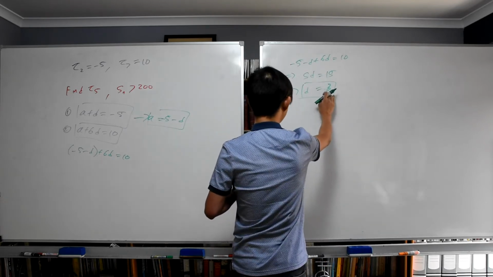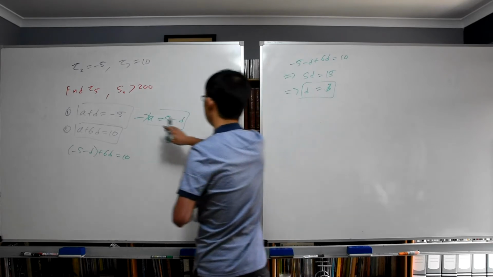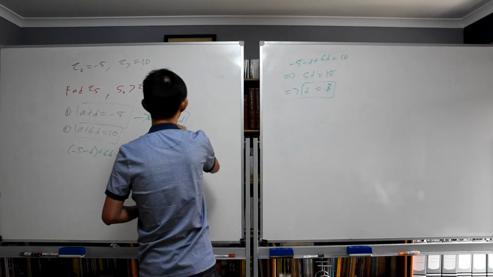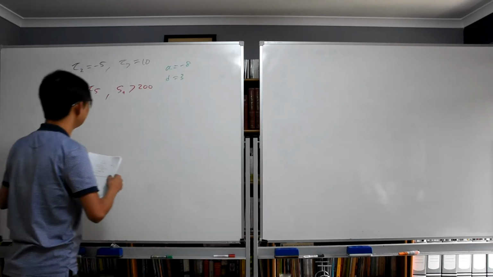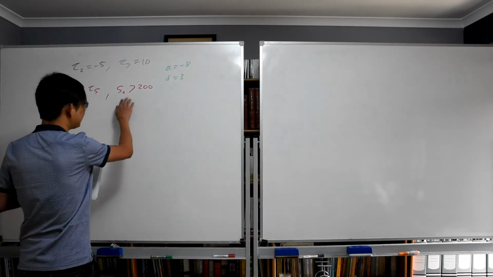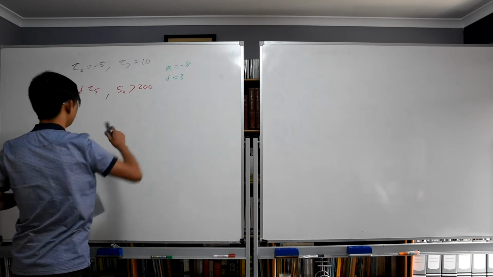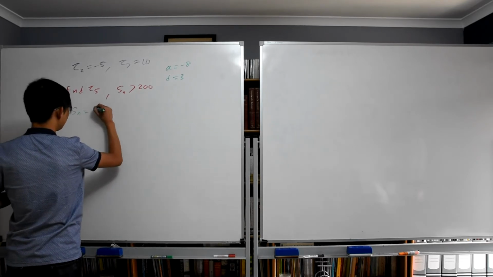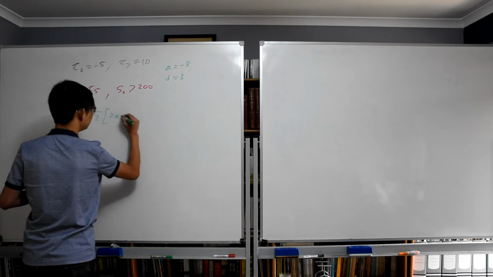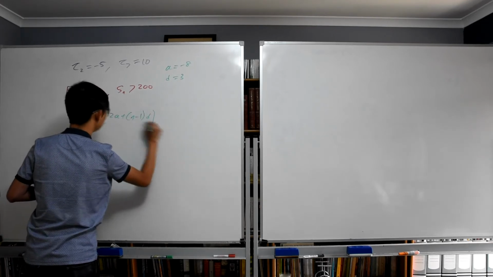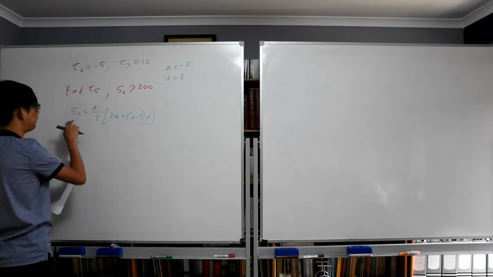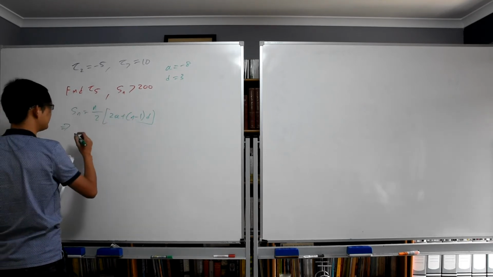If the common difference value is equal to 3, then the first term value is given by -5 minus 3. For the least number of terms for the sum to exceed 200, we know that the sum of an arithmetic series is going to be, but we want the sum to exceed 200.